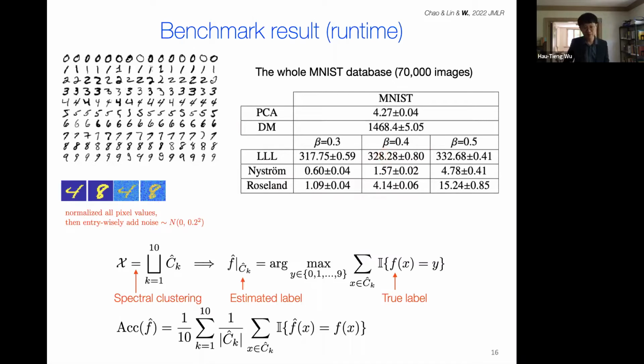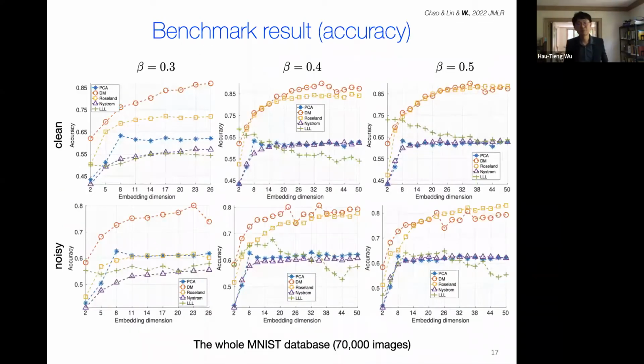And then we have some standard clustering accuracy metrics we consider. If we do the comparison, you will see that when beta is 0.4 or even 0.5, the accuracy of diffusion map and Roseland becomes very similar, and it goes beyond 85%.